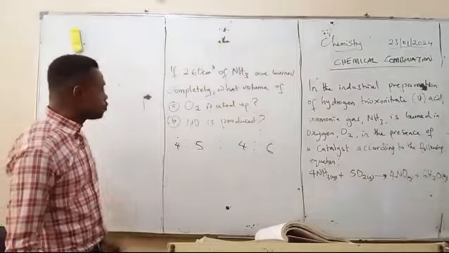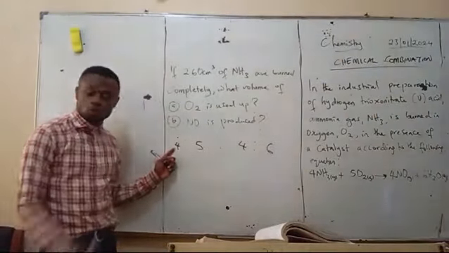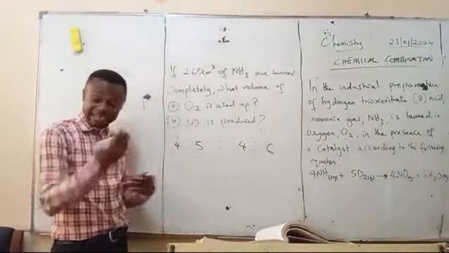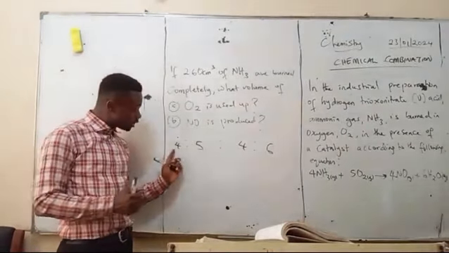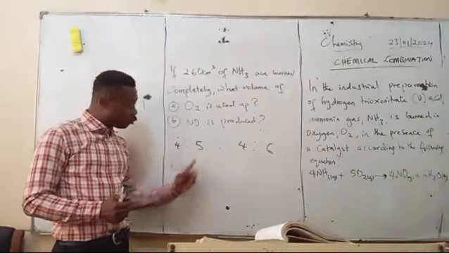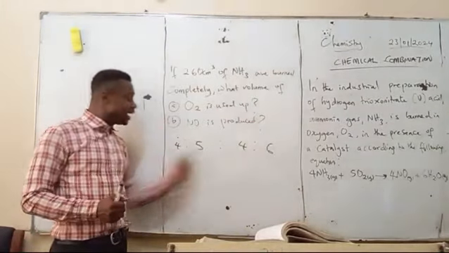Are we together? So we can reduce this whole thing to 1, starting with ammonia 1 mole and see what will happen. To do that, we divide through by 4.